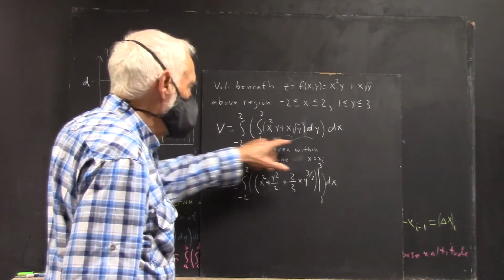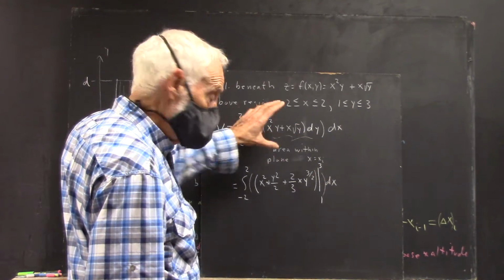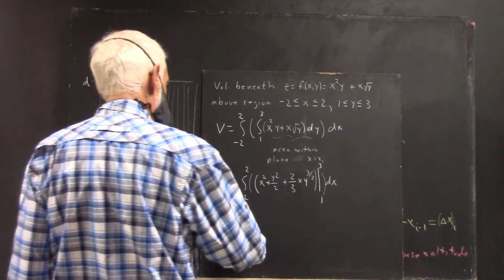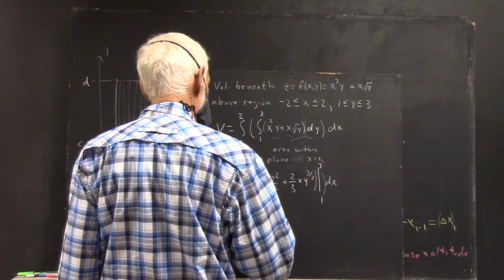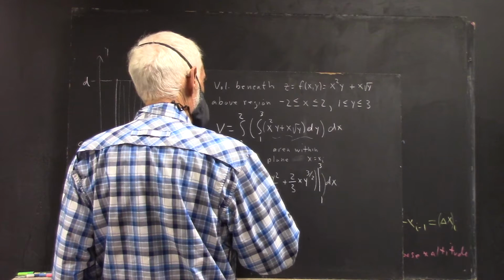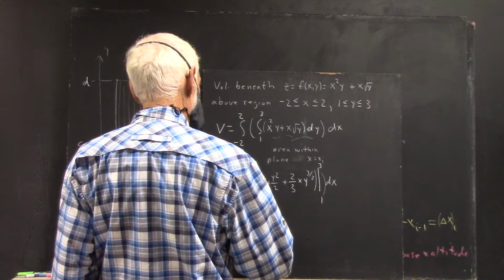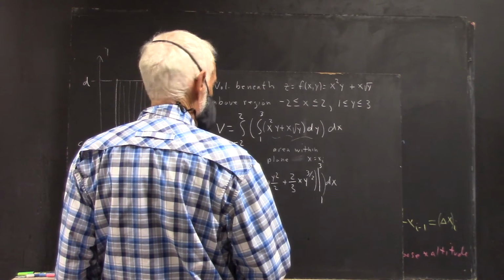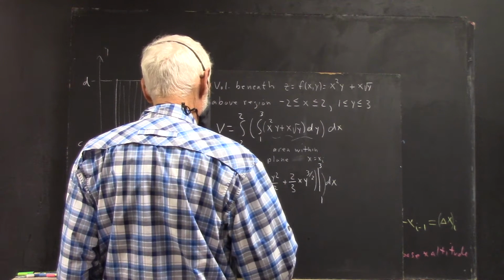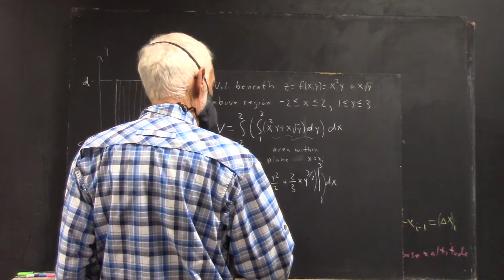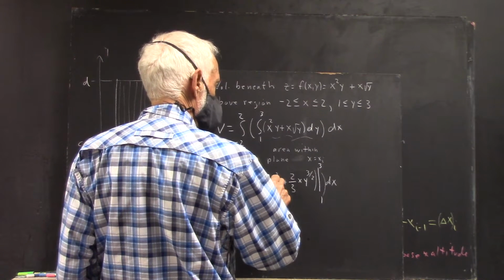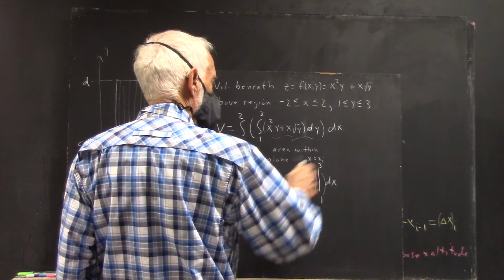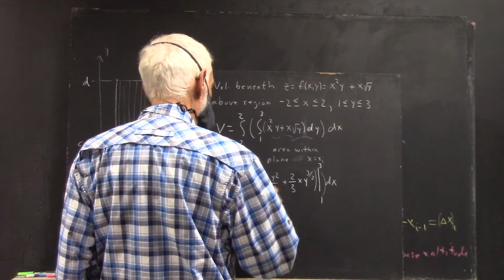In other words, we're just integrating this, treating x as a constant. So that gives us the integral from -2 to 2 of x squared times y squared over 2. Y is equal to 3, so that's going to be 9/2.